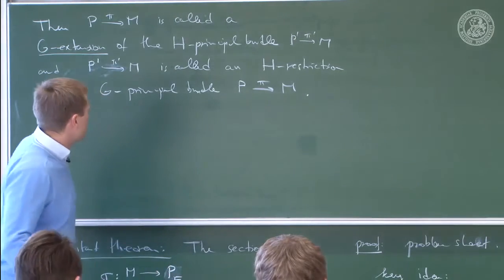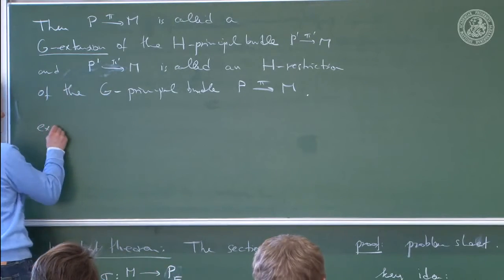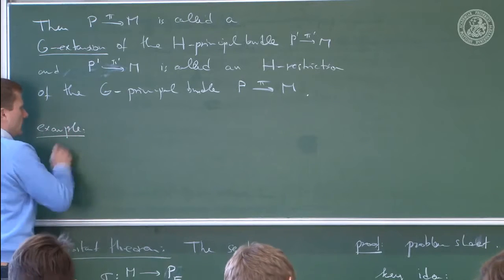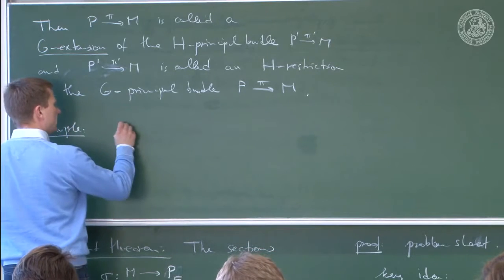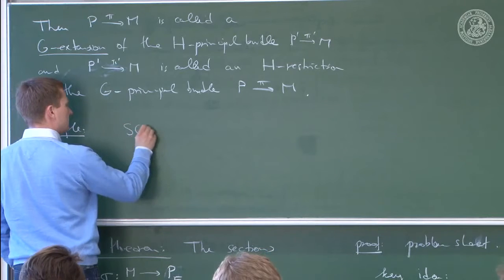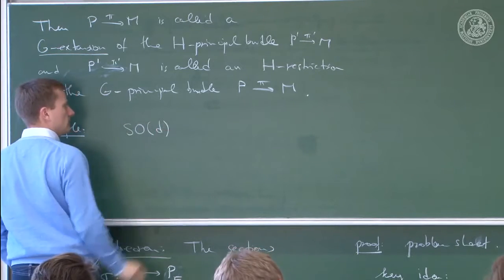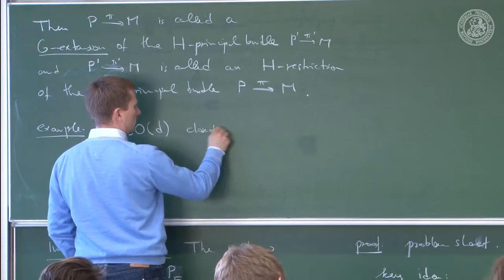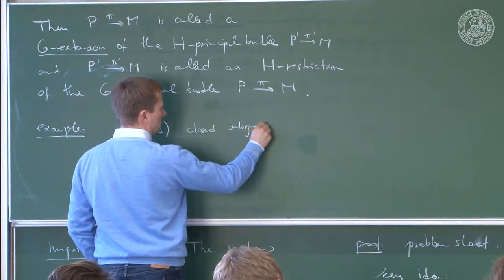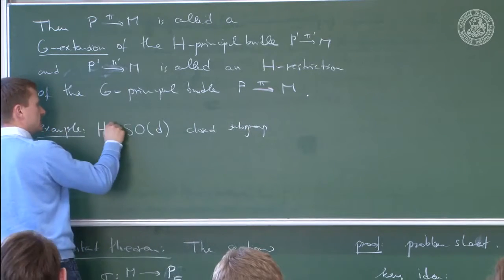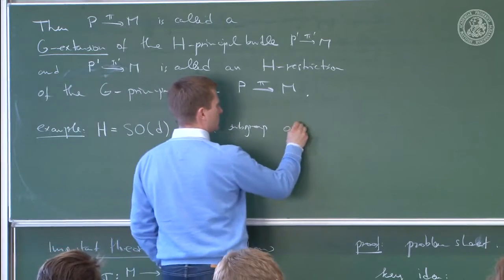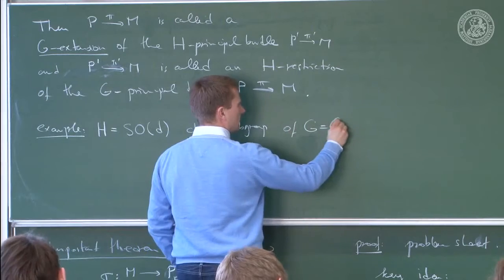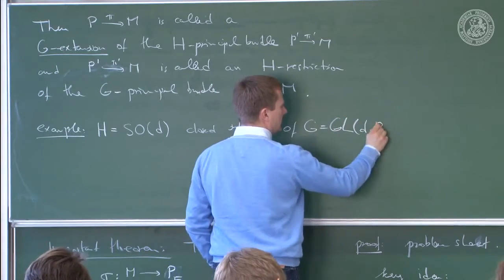There are different groups, and for example, we might want to look at SO(D) as a closed subgroup. So H chosen as SO(D) as a closed subgroup of G, of GL(D,R).